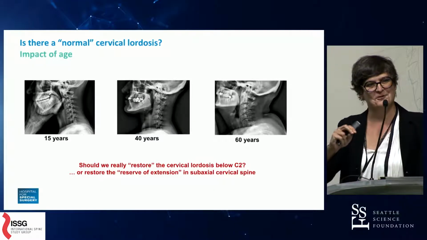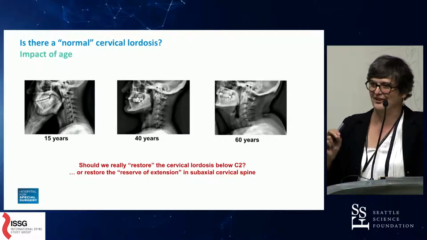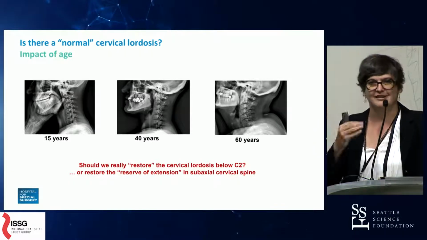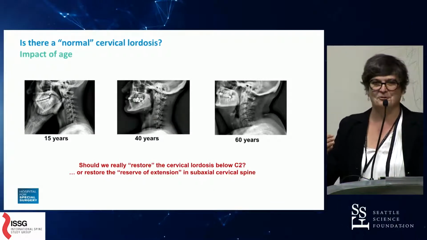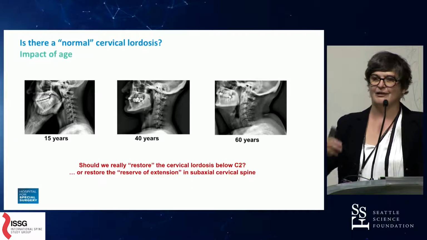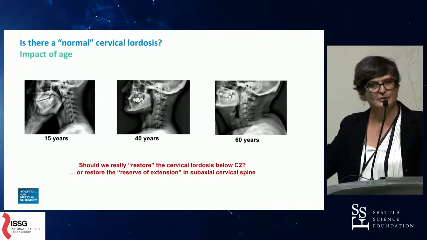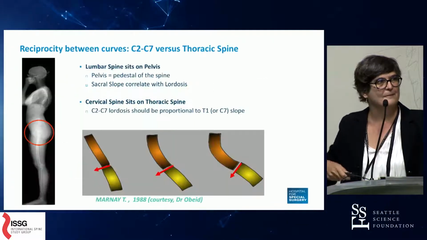If you go to a cervical meeting, the number 1 criterion of success for an ACDF, a disc prosthesis, or anything, is the preservation or the restoration of the cervical lordosis. It's like, we gained 15 degrees of cervical lordosis. I'm like, well, but are you sure this specific patient needed an increased cervical lordosis?